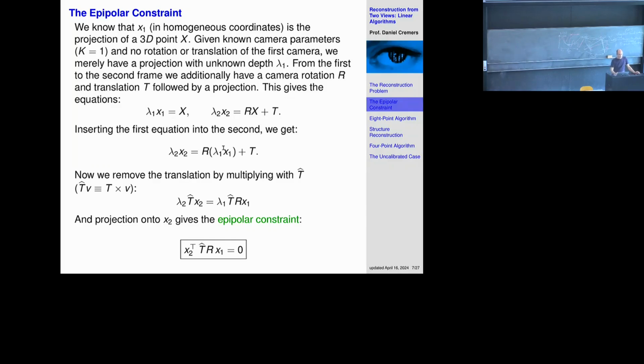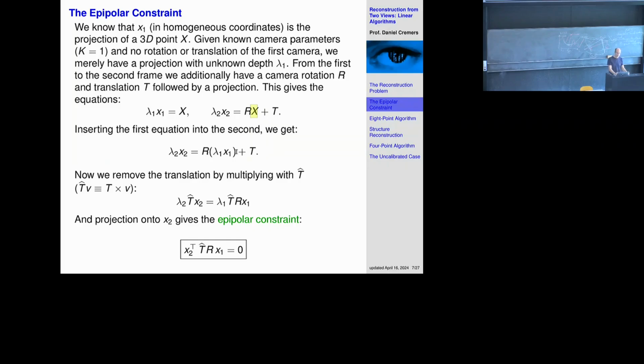But now we'll sequentially transform these equations to get something that doesn't contain the 3D parameters anymore. And here's how. First, we take this X here and we plug it in here. So we take the right-hand equation, lambda 2 x2 equals R times large X, that's lambda 1 x1, plus t.